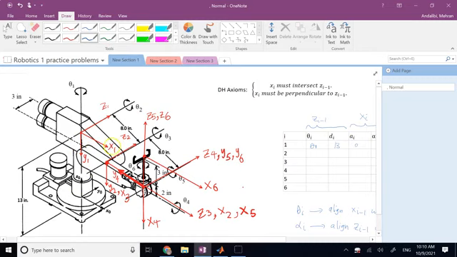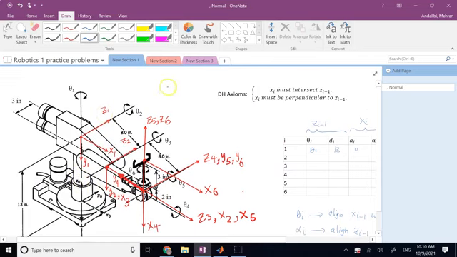And now, do you need to rotate about x1 to align z0 with z1? The answer is yes. If you look here, this is your x1, this is your z0, this is your z1. They are not aligned, even if there is no rotation theta 1.